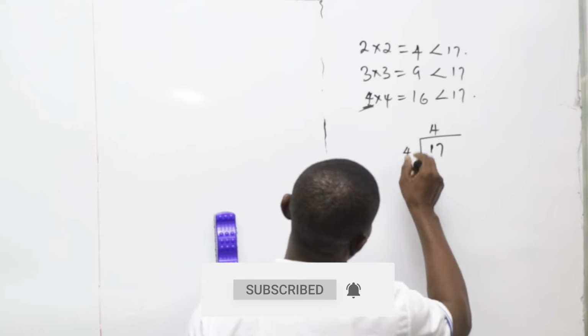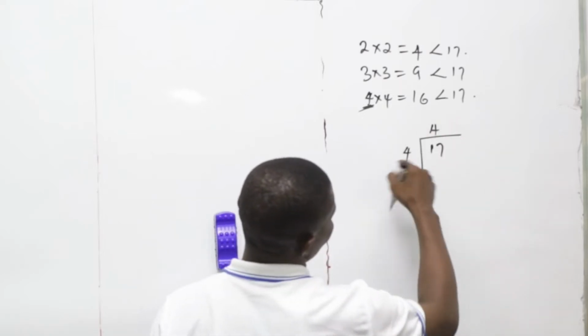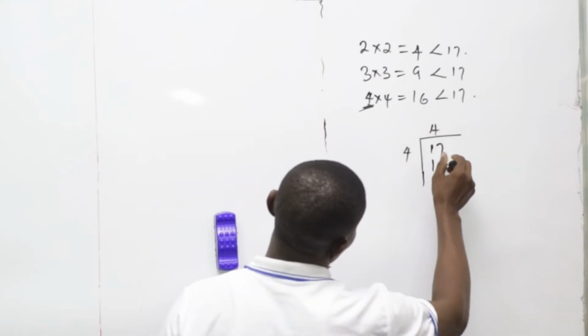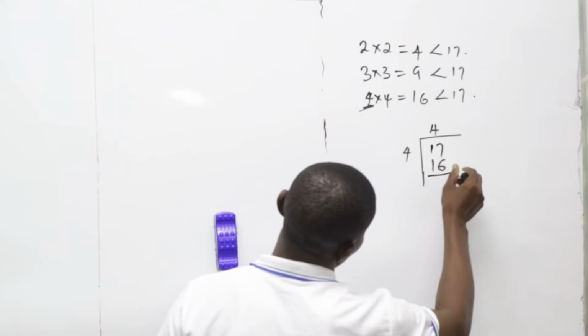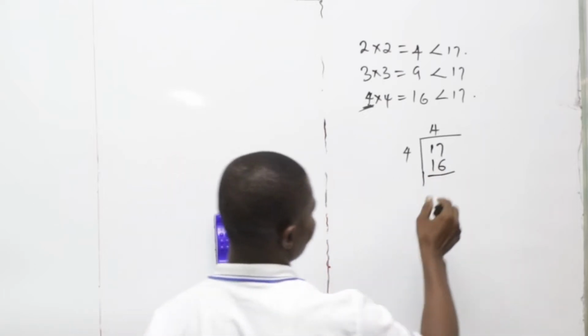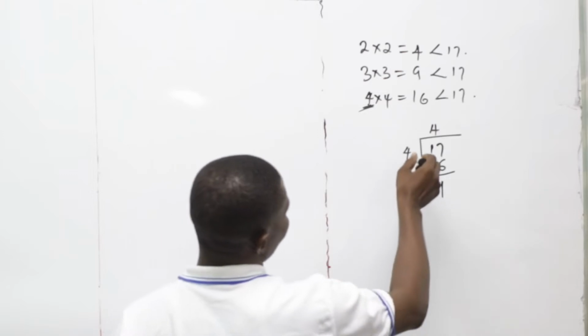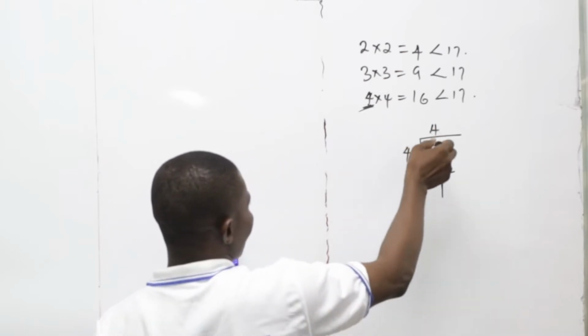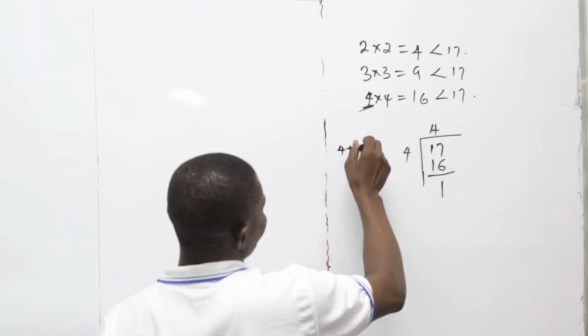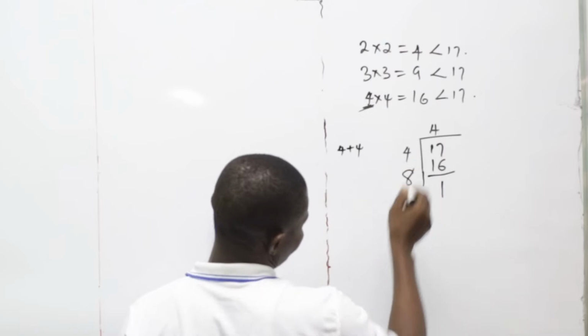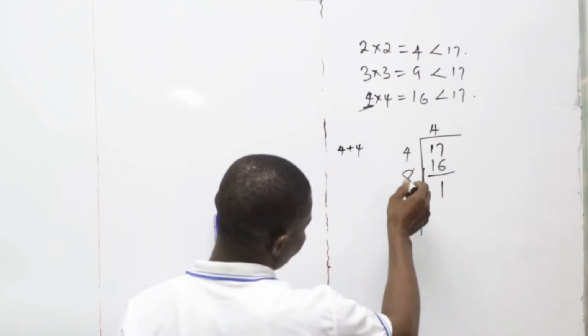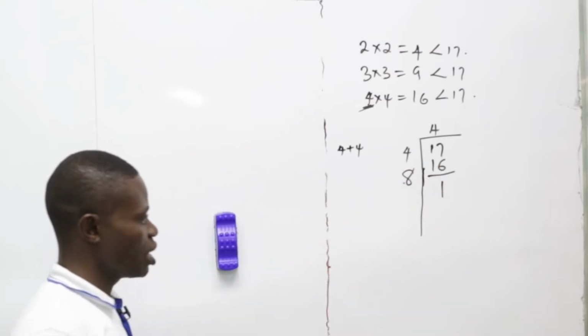You bring down this 4. 4 times 4, 16. You subtract. What do you have now? It's 1. Double this 4. When you double your 4, that is 4 plus 4 equals 8. So you are having now 8 against 1.